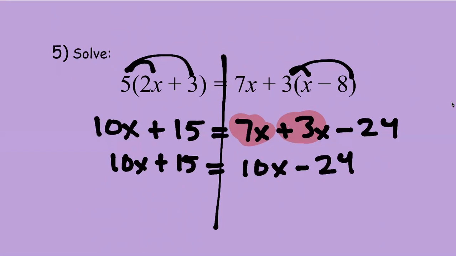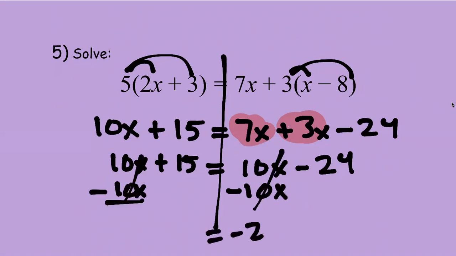And usually when that happens, that creates either a no solution or a case where you have an infinite number of solutions. So in order to figure that out, let's just subtract the variable from one side. And in doing that, it winds up getting rid of everything. And it leaves you with -24 and it leaves you with 15.